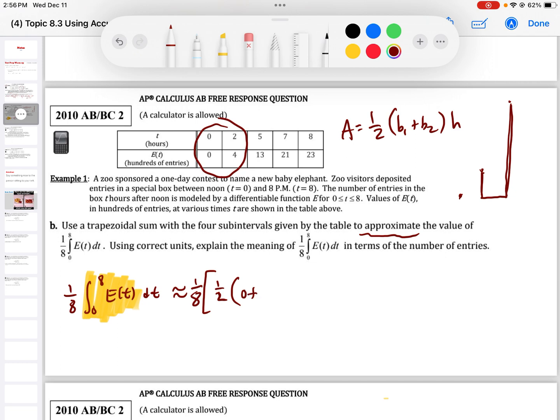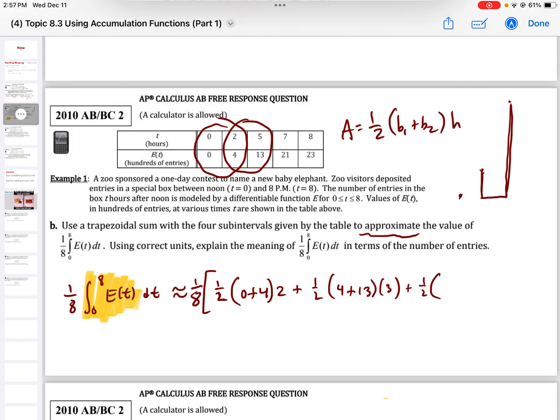1/8 out in front because it's going to wind up being the average value. Base 1 is 0, base 2 is 4, and the height is the distance between the two bases, the change in t, plus 1/2. Now I use these two. Base 1 is 4, base 2 is 13. The height is the distance between the two bases, plus 1/2. And you might have also put the 1/2 out in front.